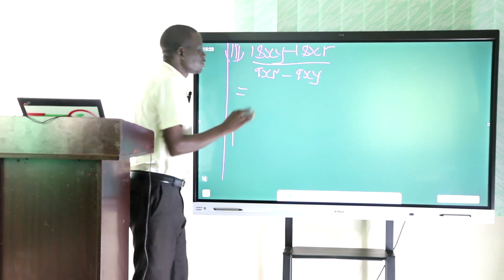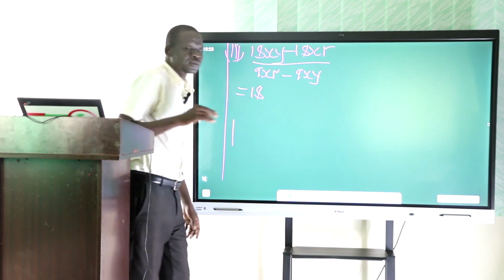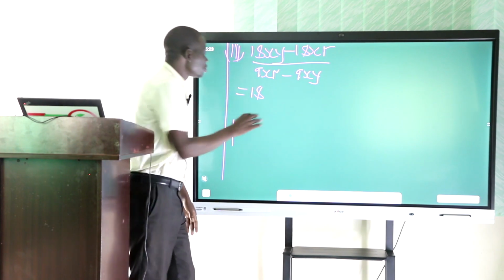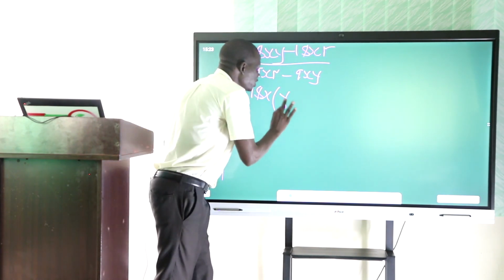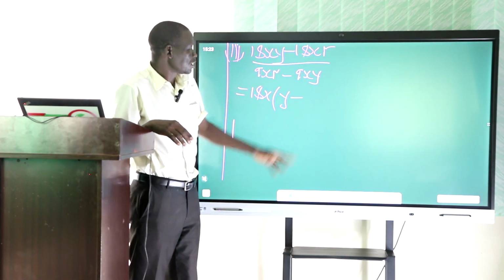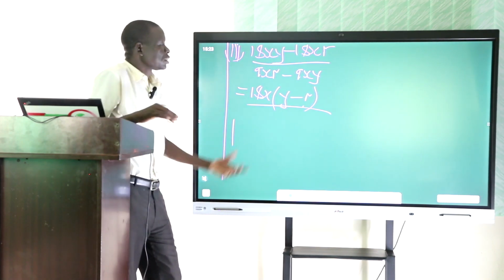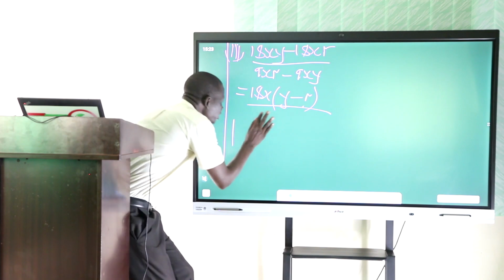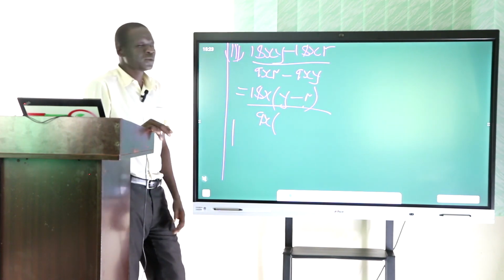So in this case, you will find that 18 is common, pull out 18. X is also common, pull it out. Inside, we are left with y minus r. All over, down here, you can see that 9 is common. X is also common, pull it out.